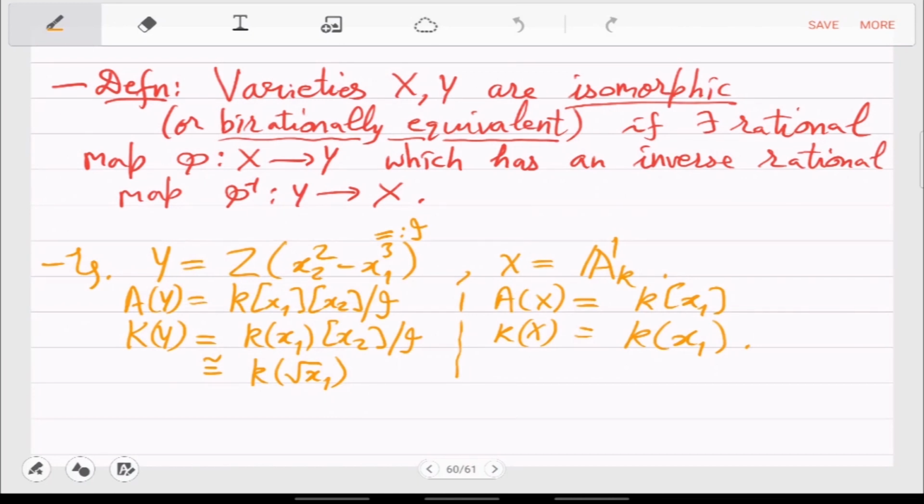For that you have to compare A_X with A_Y. So clearly you can see that A_X and A_Y are not isomorphic. There is a morphism from A_Y to A_X, but it has no converse. Have I messed up the arrows?